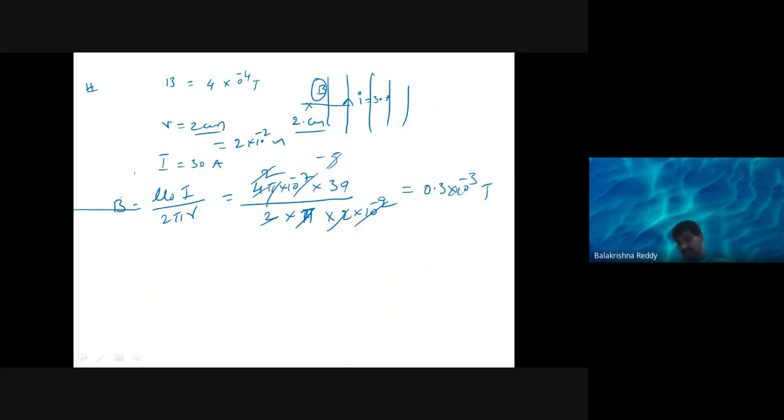Whenever the field is acting perpendicular to us, how can we find that? Horizontal. So give it to B1 and B2.